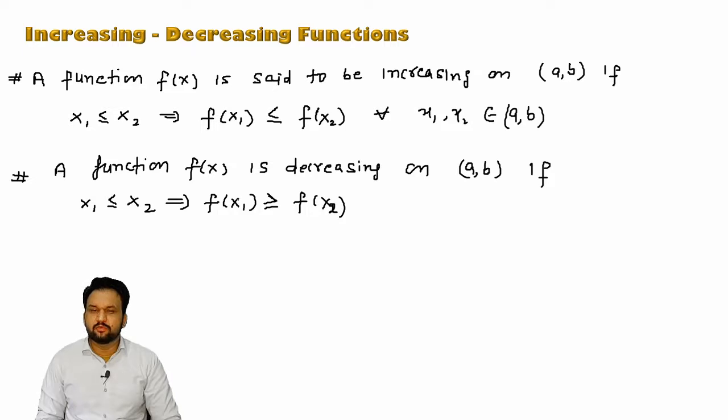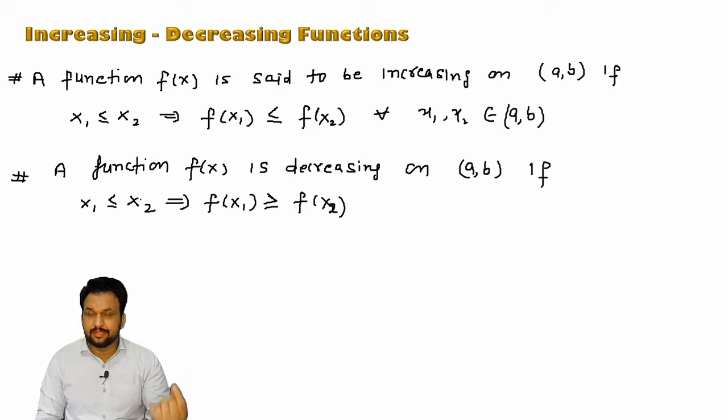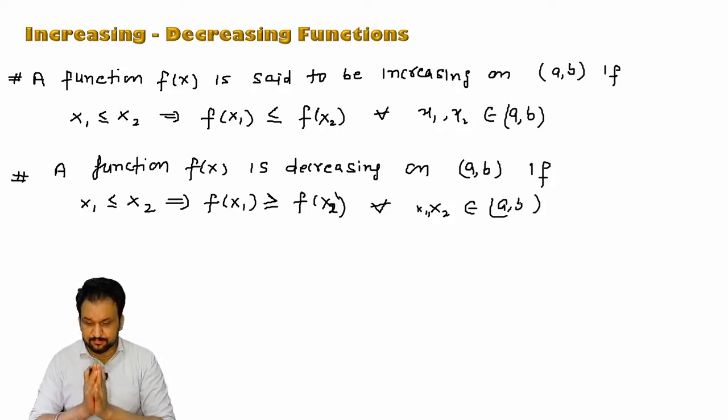You substitute a small point and it gives a greater value, and if you substitute a greater point, it gives a smaller value. If this condition is satisfied by some function for all x1 and x2 belonging to the interval (a, b), that is known as a decreasing function. This is a simple definition of increasing and decreasing function.